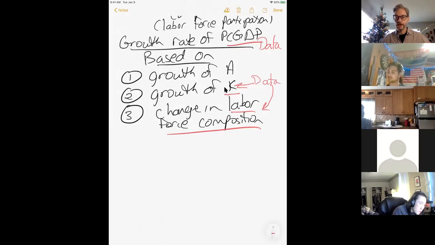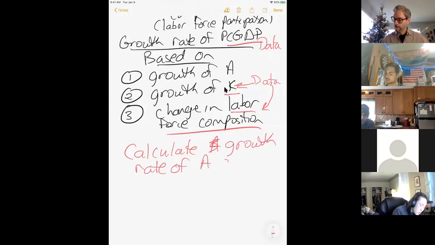So if we have data on all of these things, do we have data on A? No, but we can calculate A, or let me say you can calculate the growth rate of A as a residual, meaning what's left over, right?